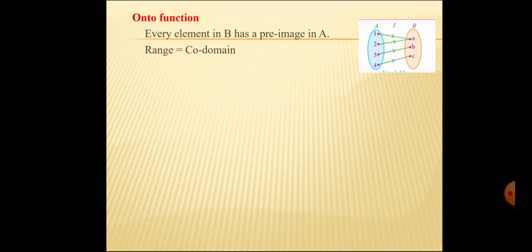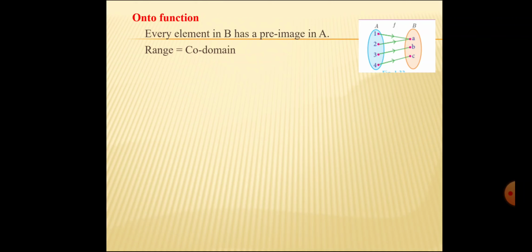Already you know the range. What is the range? The outcome, the answer, is the range. Here, which is the answer? Looking at B, the matched elements only are the range. a, b, c, that is the range.